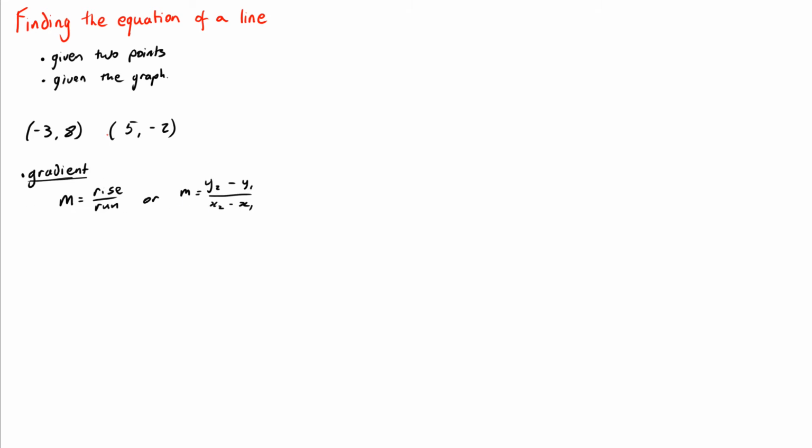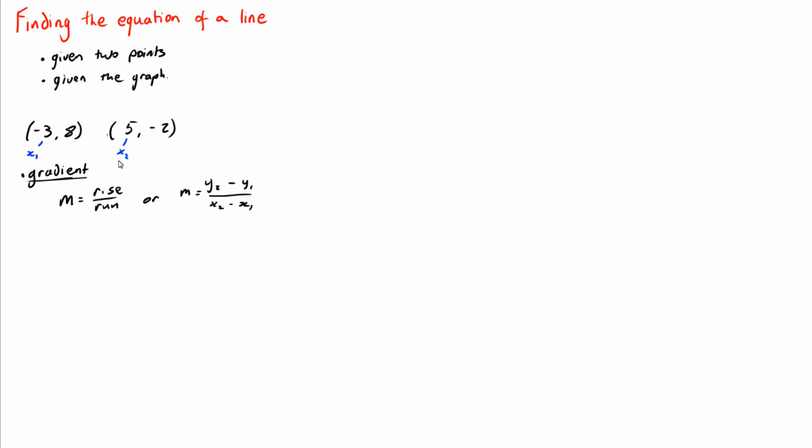So if we're given 2 points, (-3, 8) and (5, -2), we need to indicate which one's our x and which one's our y. The x is always the first coordinate, so in this case -3 and 5. I'm going to label it x1 as my first point and x2 as my second.